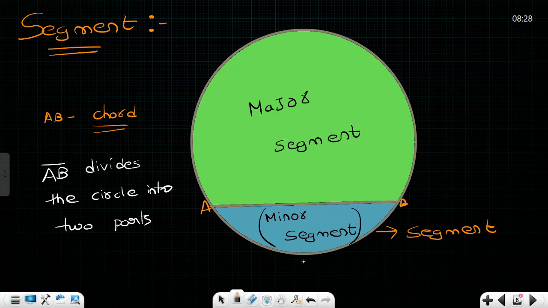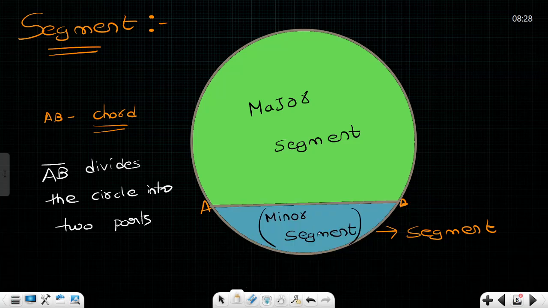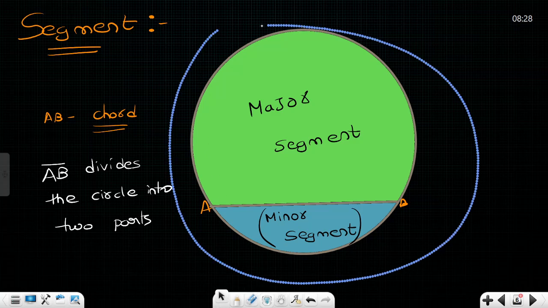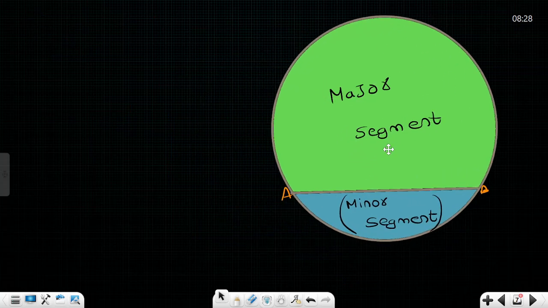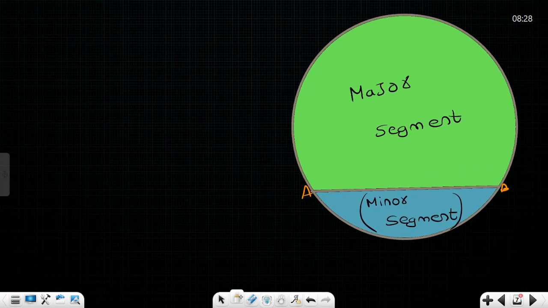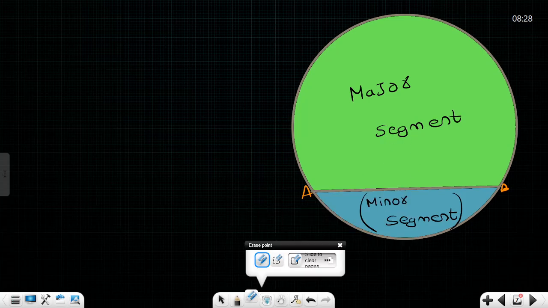Okay, I'm going ahead to find the formula for area. I need this diagram. Let's erase this one.